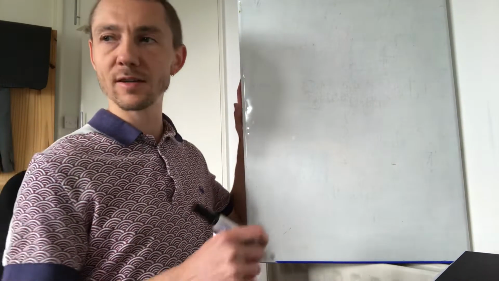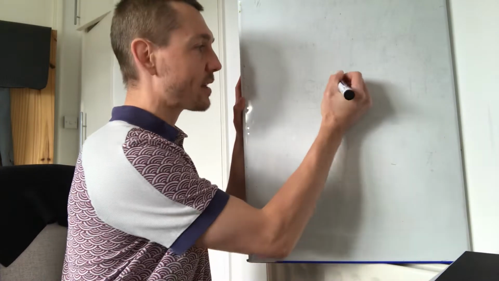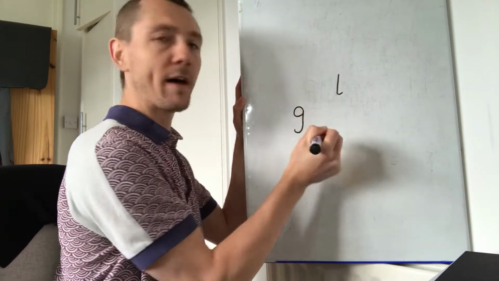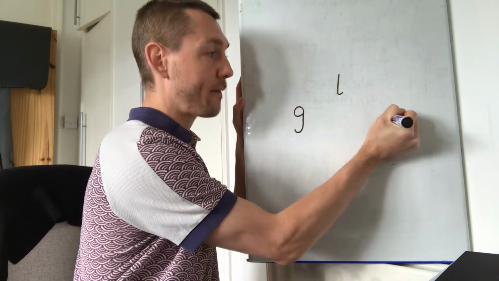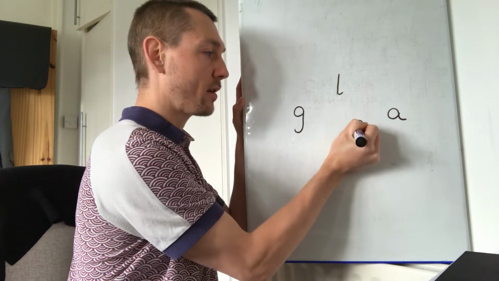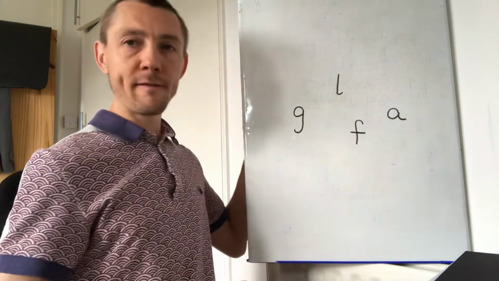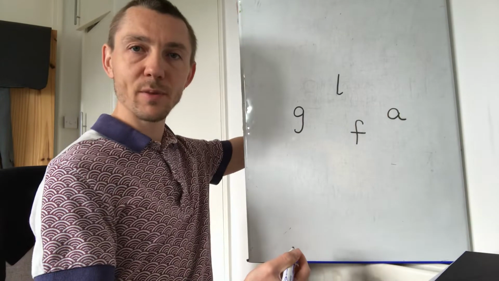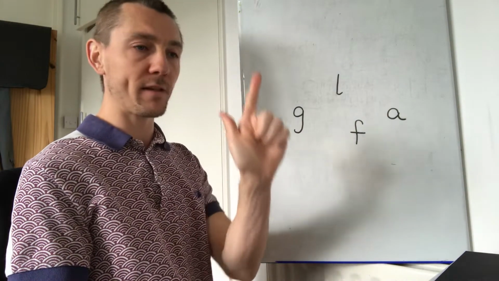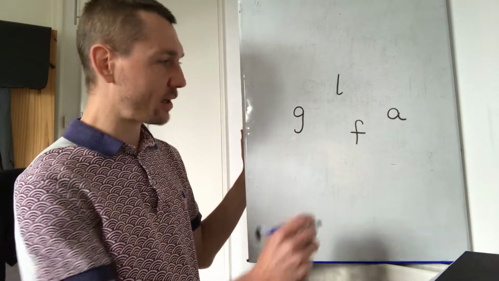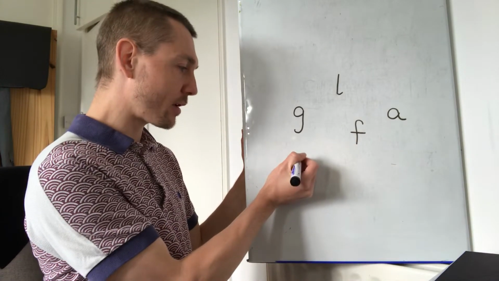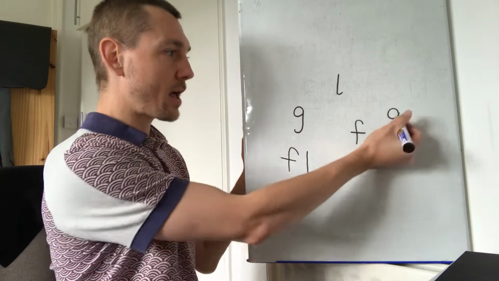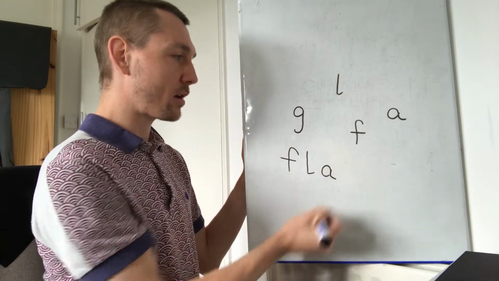So, for example, these are the sounds that you need to build the word flag. The word is flag. So nice and easy. We're going to say the sounds as we build the word flag. And we say f, l, a, g.